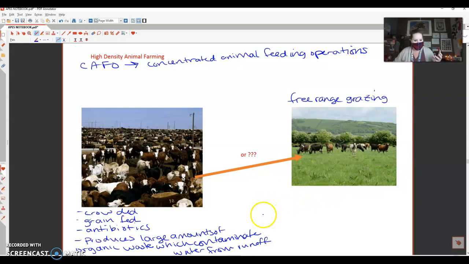Okay. So this right over here allows cows to graze. Okay. It's antibiotic free. It does require large amounts of land.